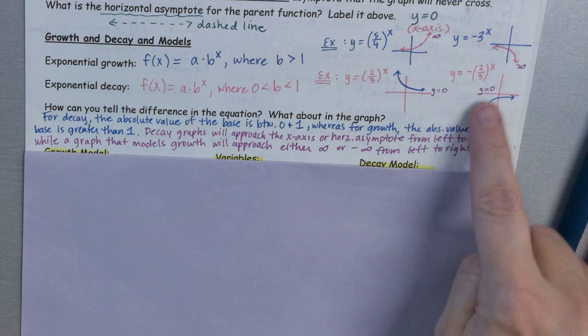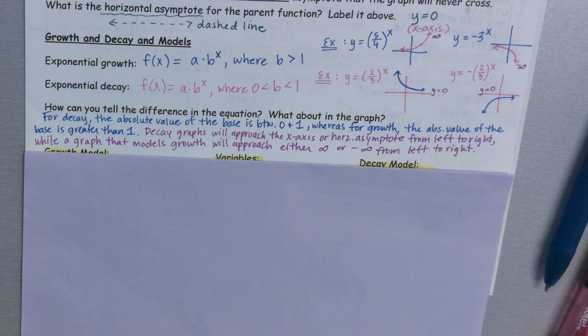Whereas the decay is going to approach their horizontal asymptote. You might have to say whether it's growth or decay just by looking at the graph, and you wouldn't have the equation. So you have to be able to tell from either one.